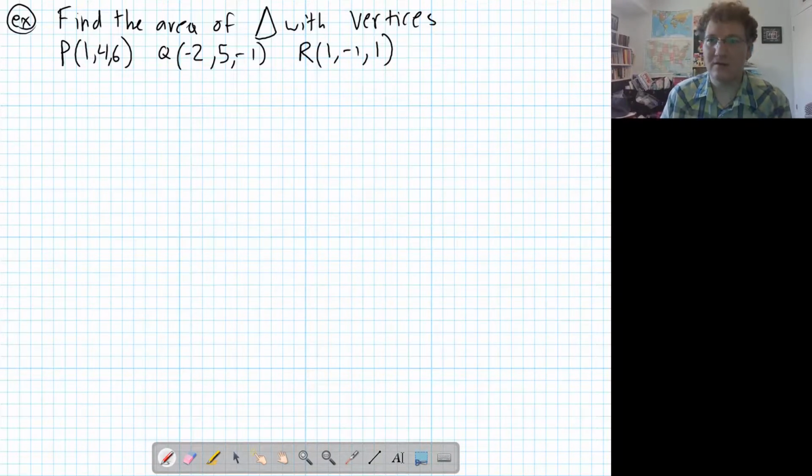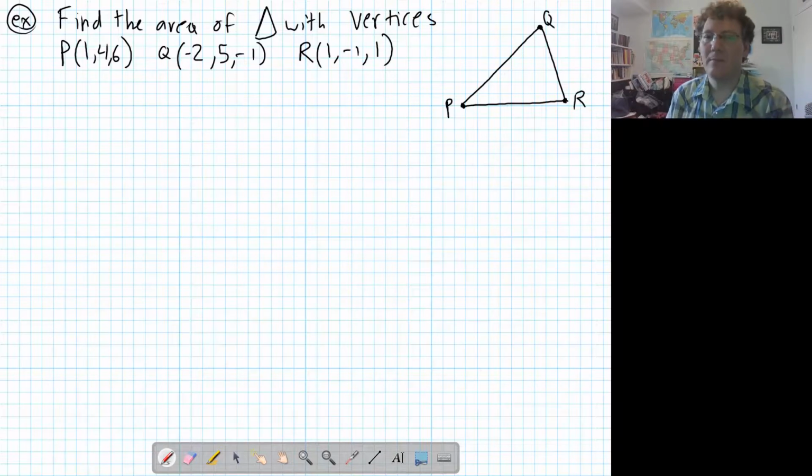So this is going to look something like this. This is in 3D space, so I'm not being so precise, but basically we get P, Q, and R. Now, if we think of this in terms of vectors, this is the vector PQ, and that's the vector PR, and here's the angle between them.